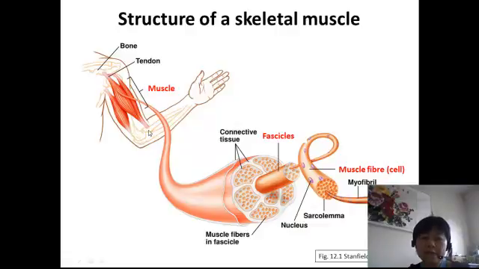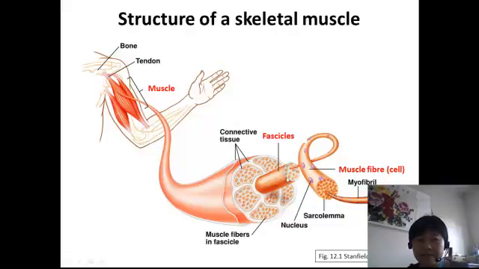We would like to look at the structures in detail. We take part of a muscle out and look at the wrapping. With a part of the muscle, we see that connective tissue is wrapping around the muscle fascicles.